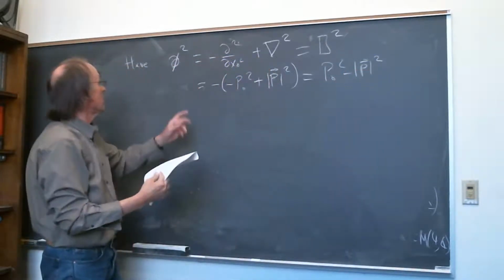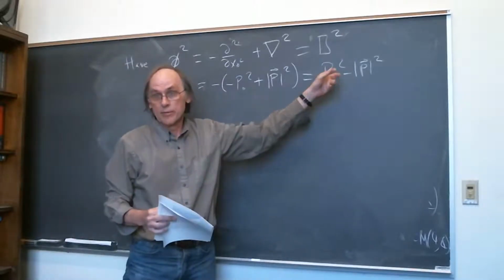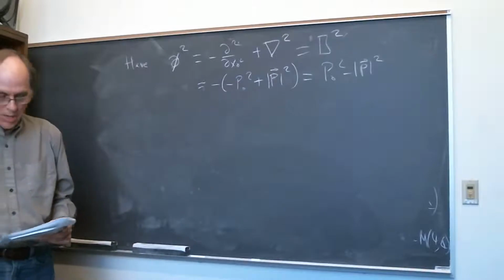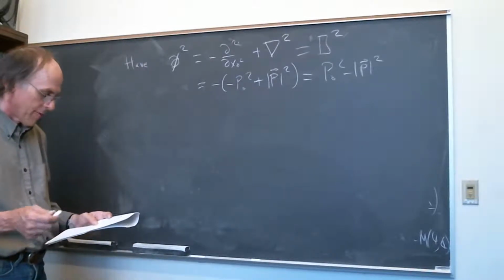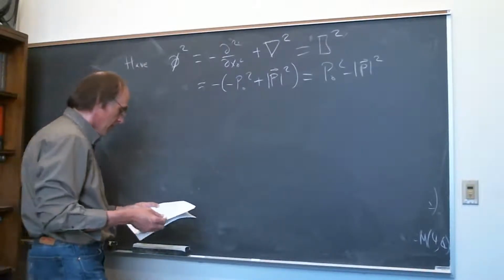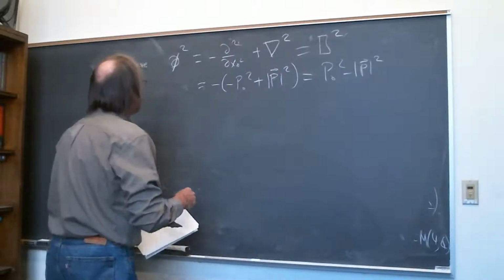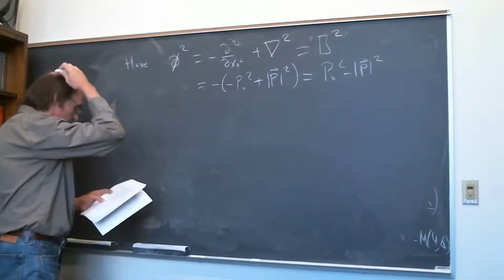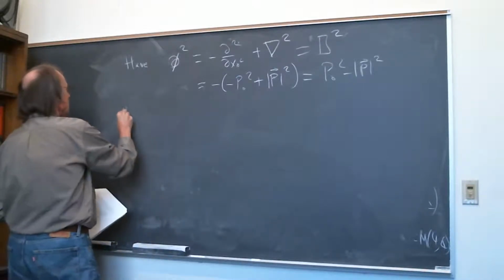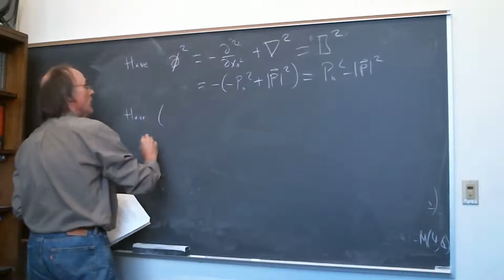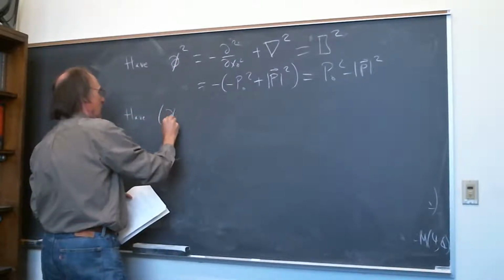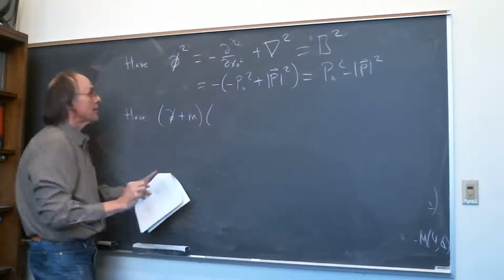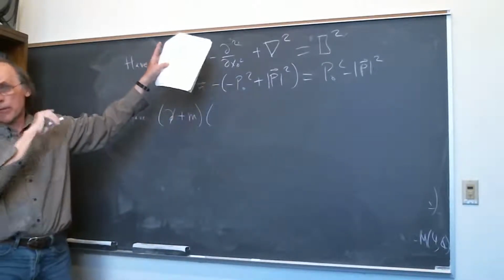So the square of this operator is just this. You can use this to do this computation. This is all you need if you want to talk about massless particles.